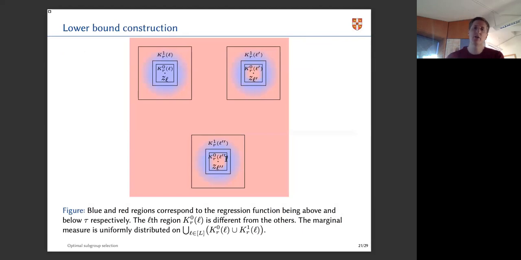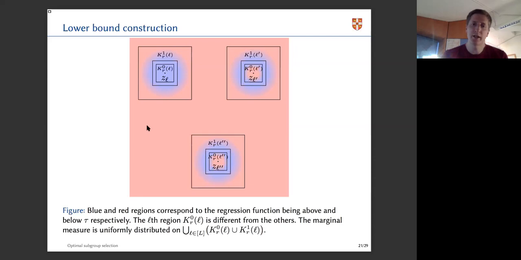And the way we do it is illustrated in this picture here. So I've got a distribution where I pick z_l. These z_l, I don't really care where they are, they just need to be sufficiently well separated. And then the marginal distribution is going to be uniform on the union of the inner square and the annulus square, over the different l's.